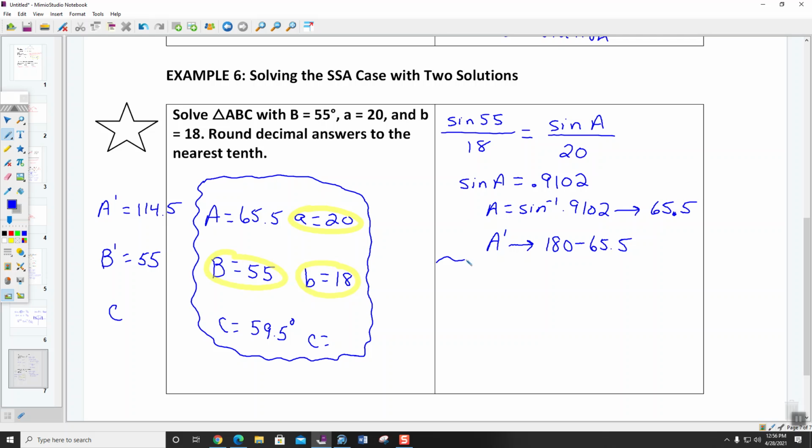So give me another little bit of room to work with. Can I come over here and say, okay, sine of how many degrees? Sine of 59.5 over what? Could equal, can I go sine 55 over 18 again, kids? Okay, you guys tell me what you get for that. 18.9.